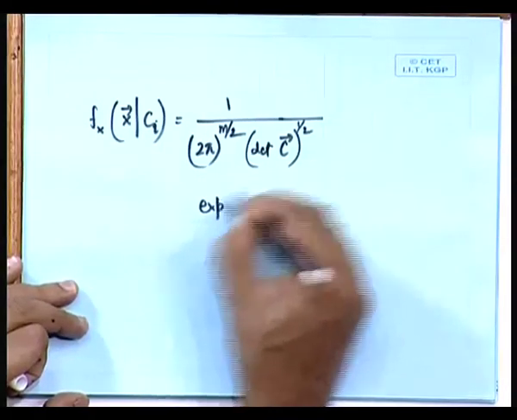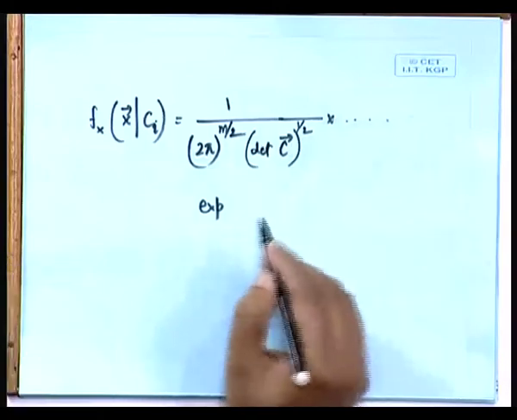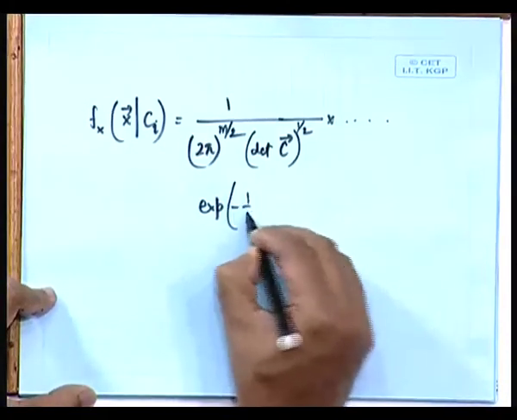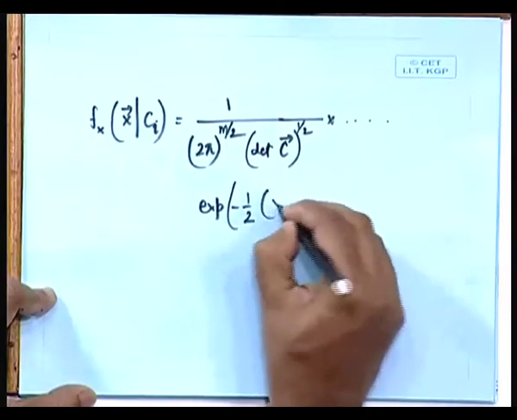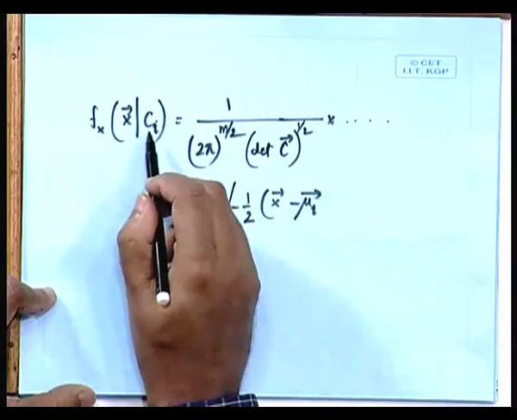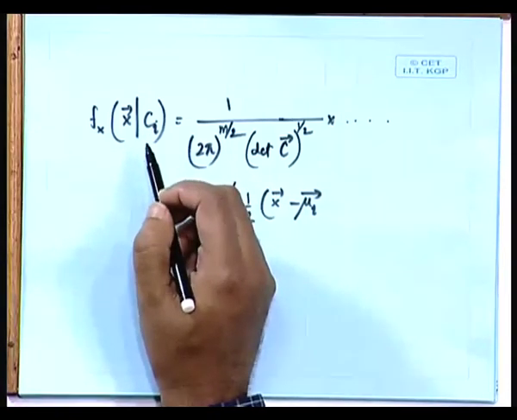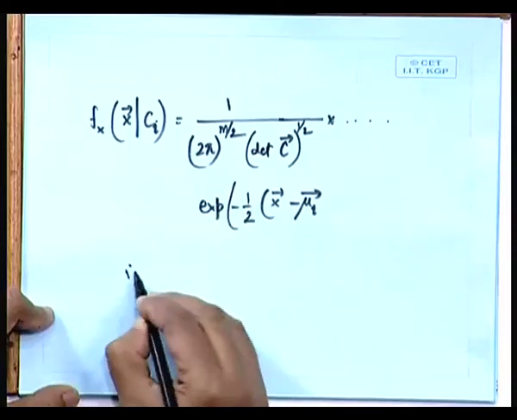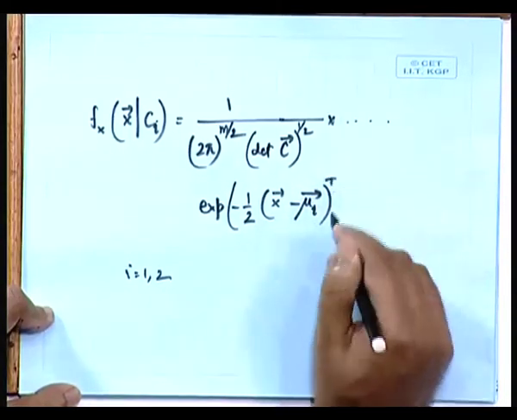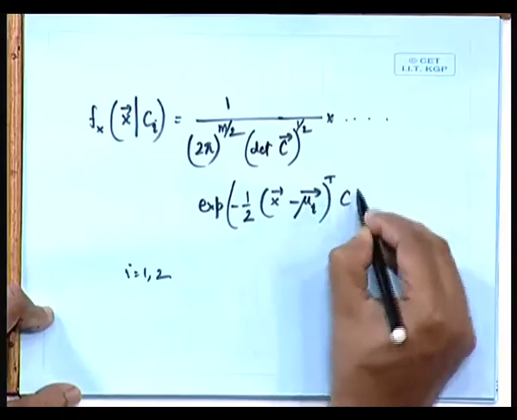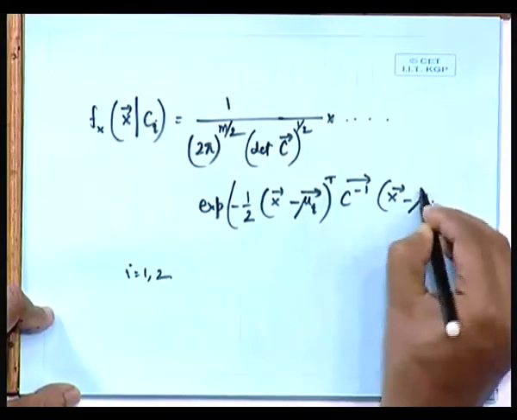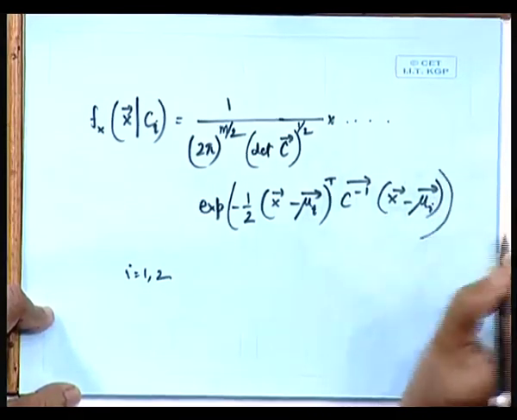Then the exponential term: I am not writing it here because I need some more space for it. It should be exponential to the power minus half (x minus mu i) transpose C inverse (x minus mu i). Here I am putting Ci so that this will be valid for i equal to 1 and 2, the two-class problem. So, I think we have understood the form.